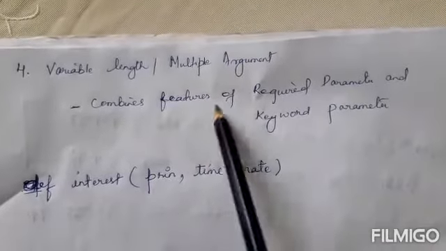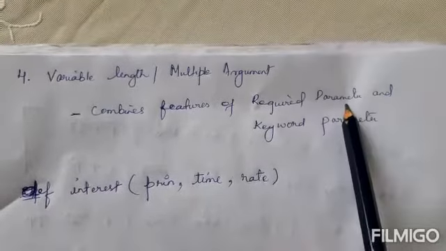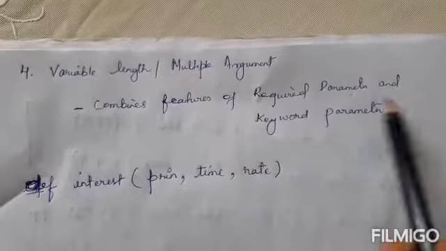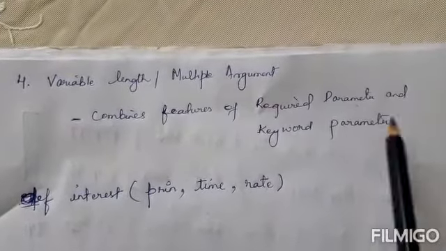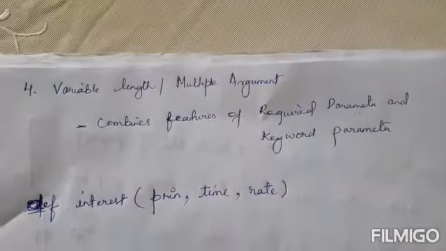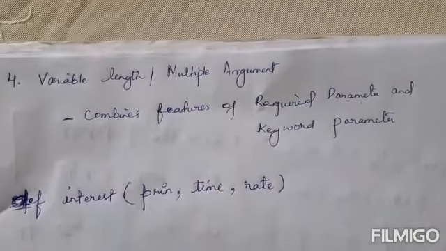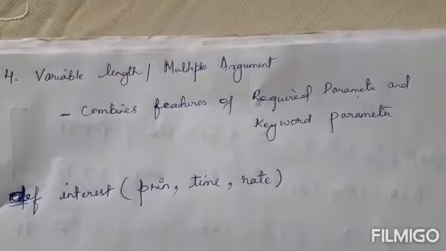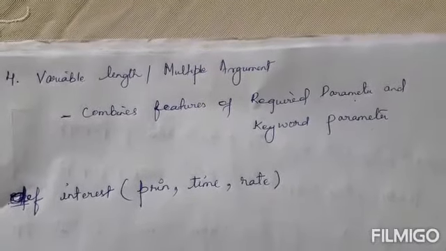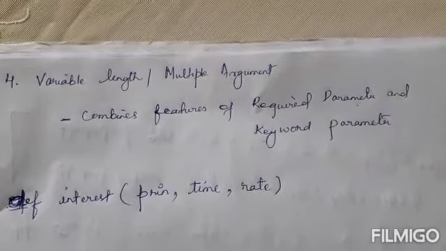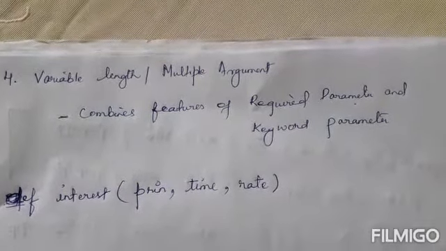That means it combines the features of the required or positional parameter and the keyword parameter. Fine. For you to clearly understand this, I'll take a simple example from the textbook, and then we'll find out what rules you have to follow when you use this type of argument, the variable length or the multiple argument.